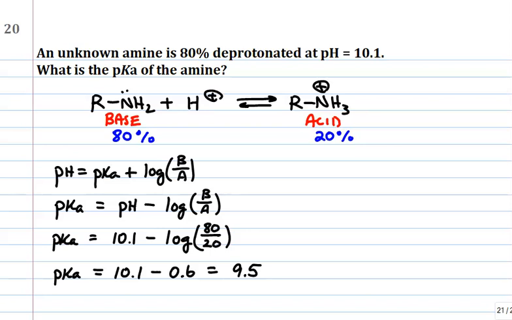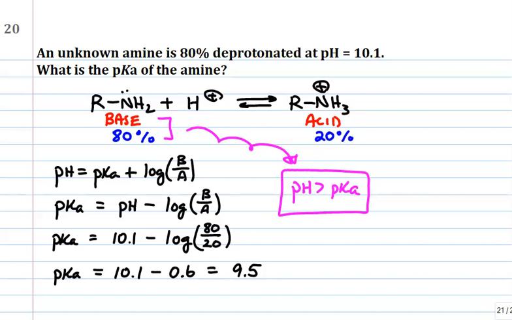Now, did we know that we should have had a particular answer even before we started? Well, maybe I should have done this before we started: since it was 80% in the base form, you knew that the pH had to be greater than the pKa.